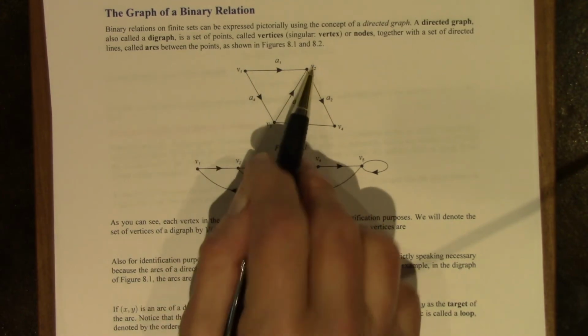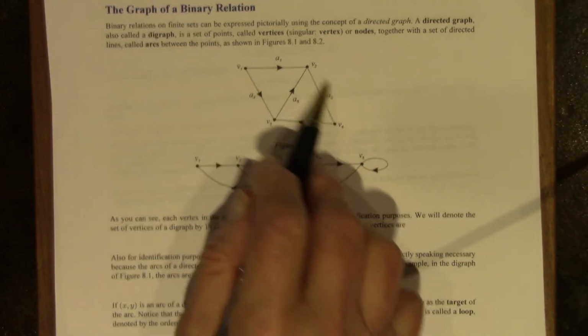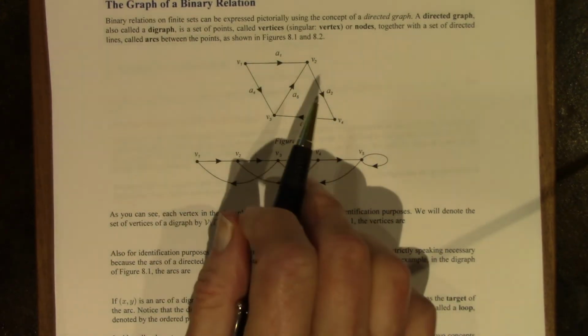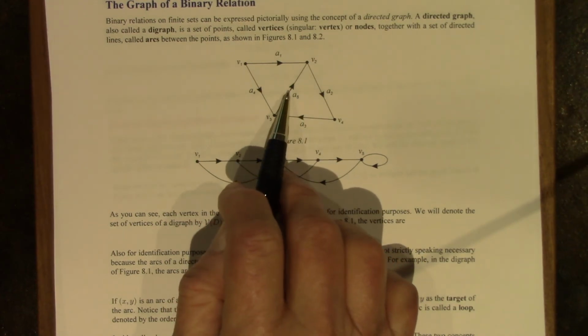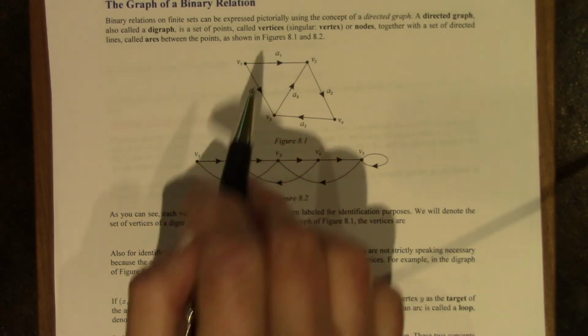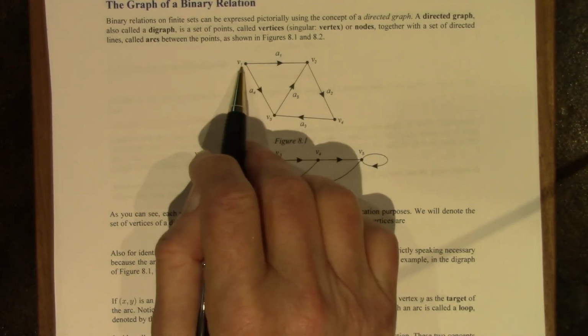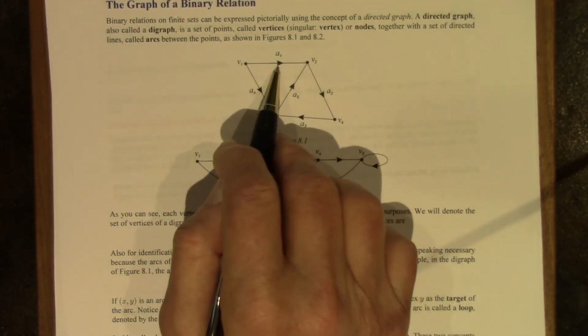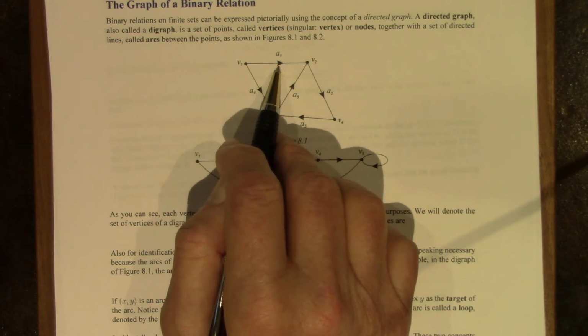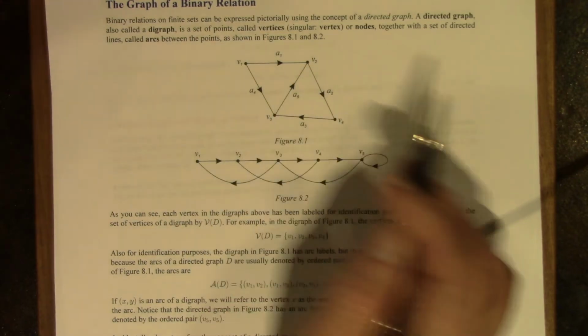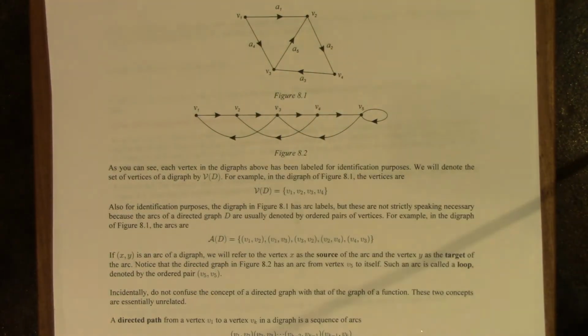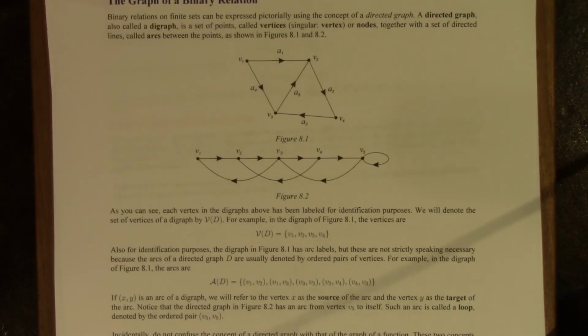So 1, 2, 3, 4 points in this graph here, four vertices, together with a set of directed lines. So here's a line from V1 to V2, and it's directed by the arrow. Directed lines are generally called arcs. So points and arcs. These are both directed graphs or digraphs.